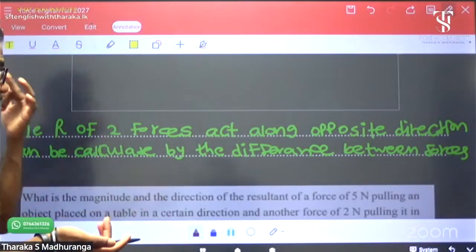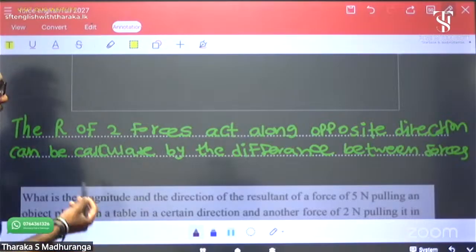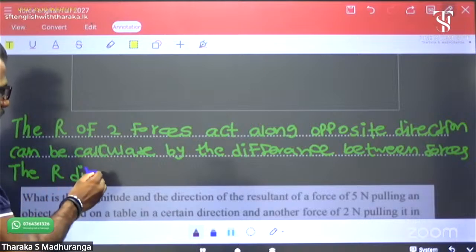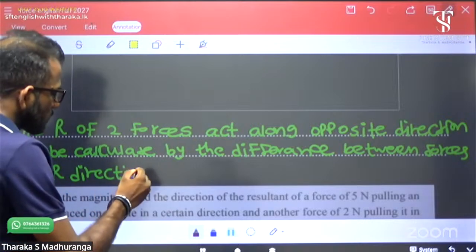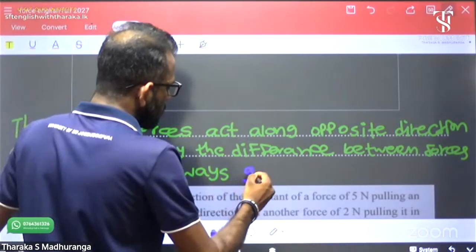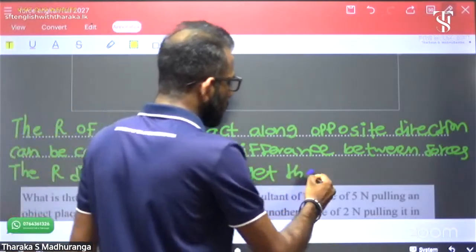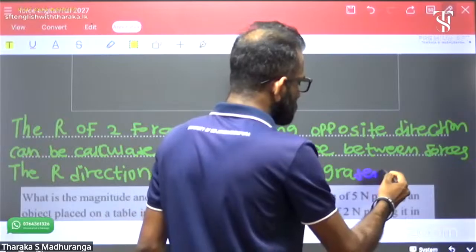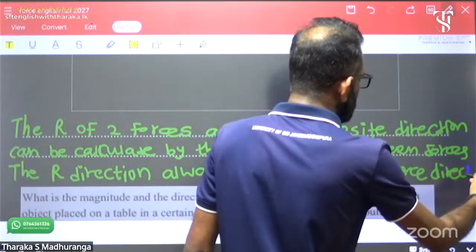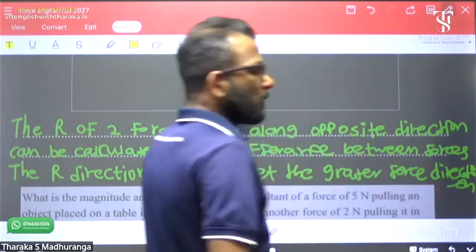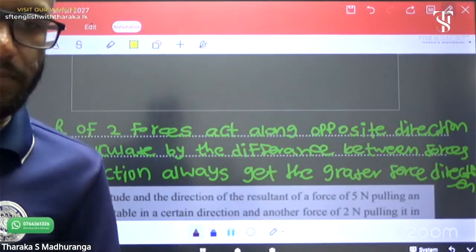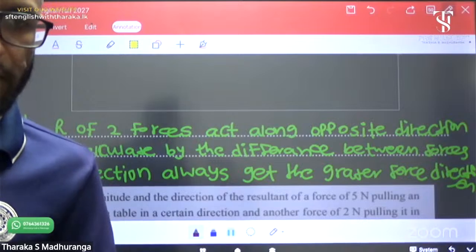Difference, the gap. The R direction means resultant force direction, always the greater force direction. R direction always gets the greater force direction.